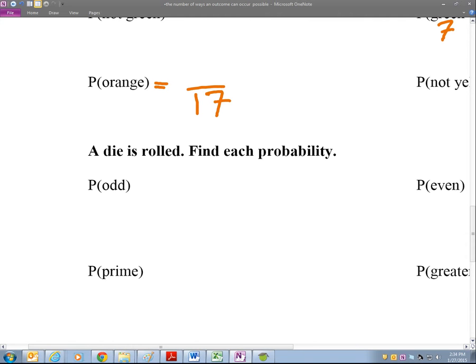None. So how can we have a situation where we have 17 chances to pull something that's not there? Good. So the probability of pulling an orange marble out of a bag with no orange marbles is impossible.